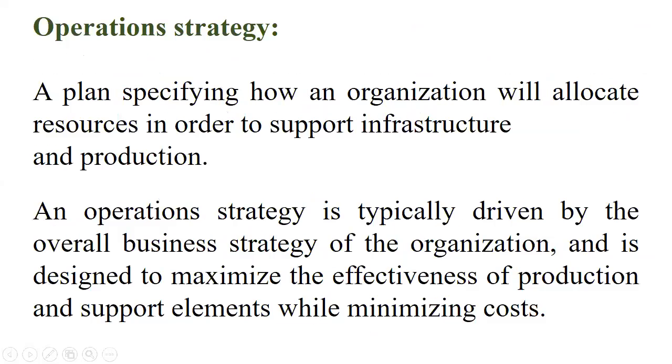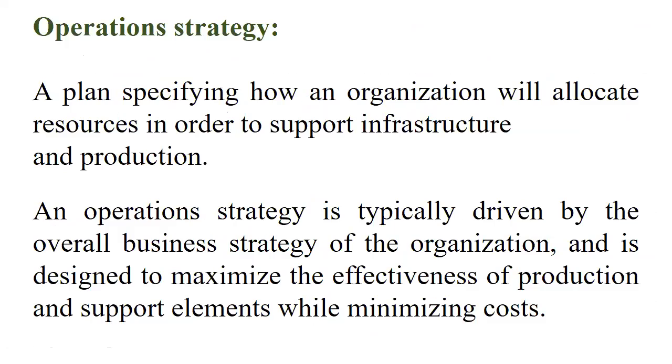Operations strategy. Operations strategy is a plan specifying how an organization will allocate resources in order to support infrastructure and product. So operations mainly is finding the resources and matching them to the infrastructure, and the process is production.